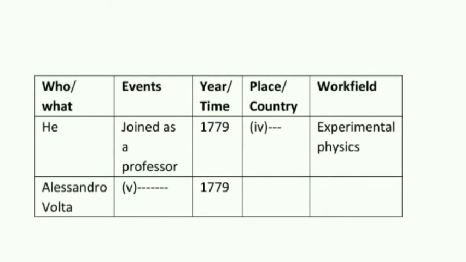In which place? Who can say? Yes, you are right. The University of Pavia. Then, Alessandro Volta, 1779. What happened in 1779? Married an aristocratic lady.